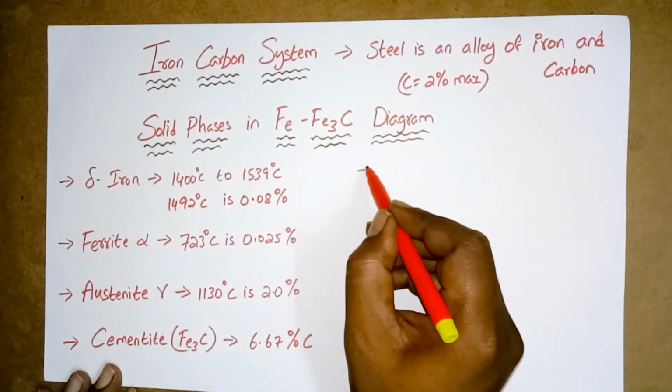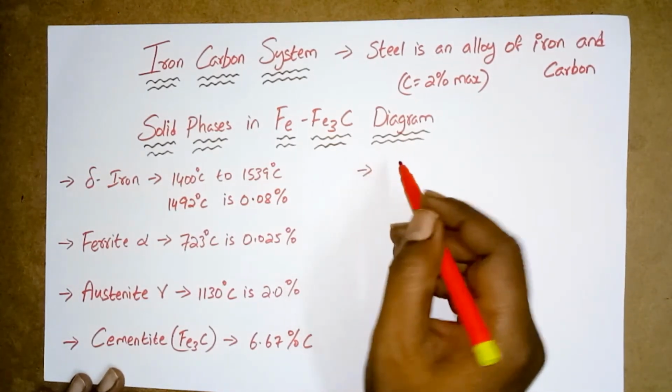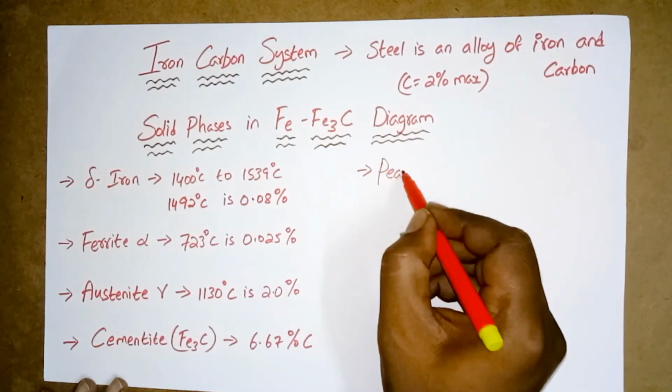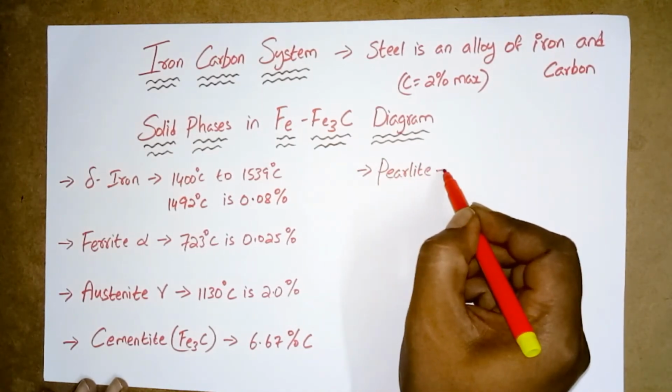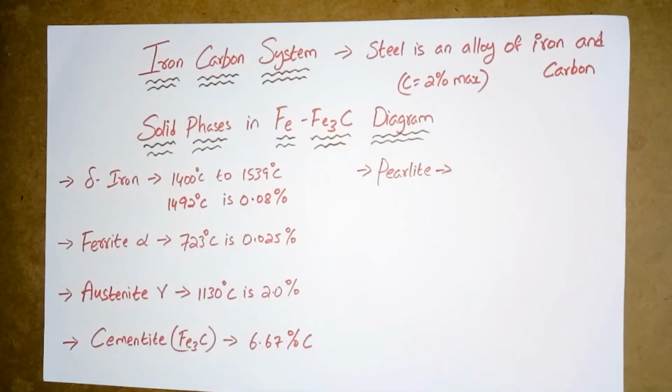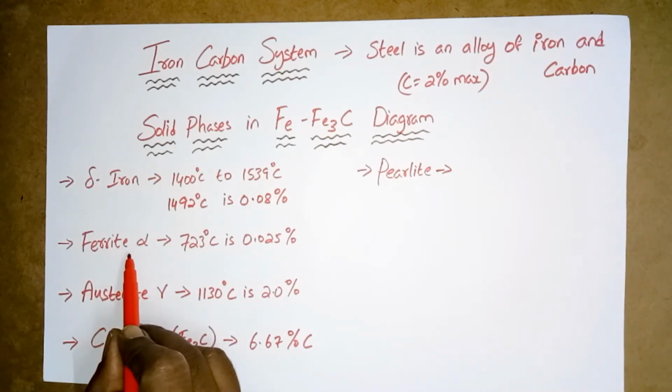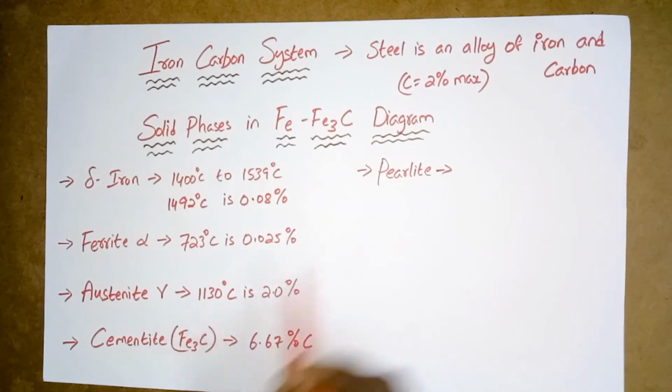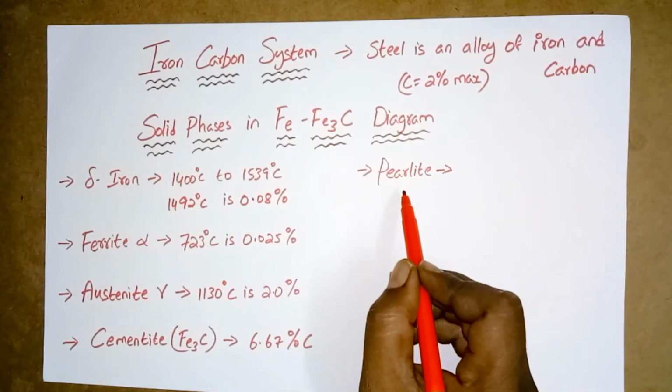After cementite, we will move to pearlite. The microstructure having alternate layers of ferrite and cementite is called pearlite.